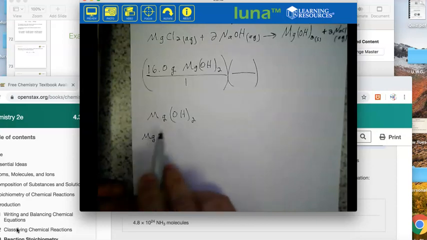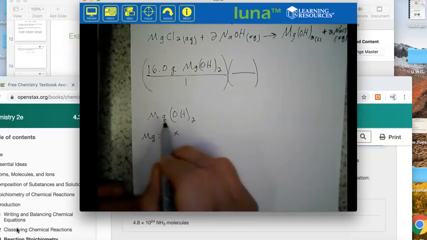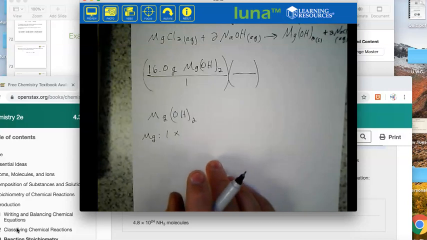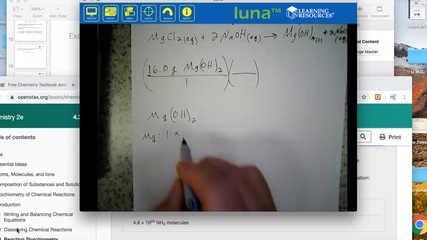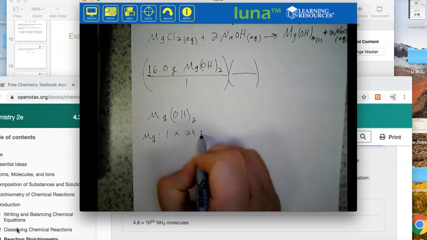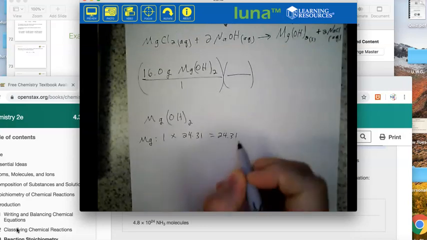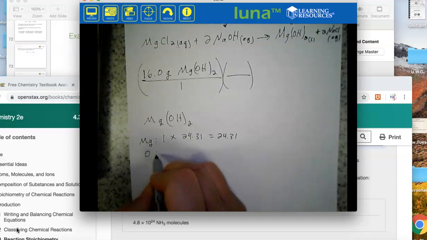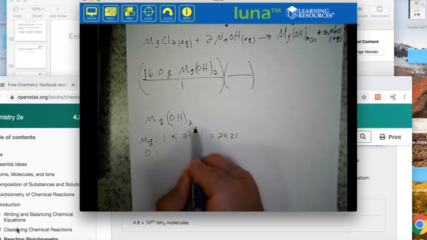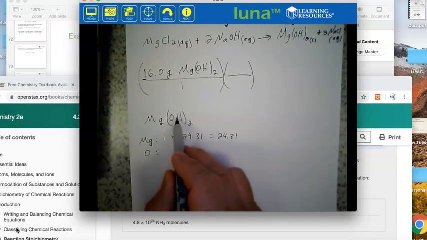Remember, it's number of atoms times its average atomic mass, or in this case it will be molar mass. So for magnesium, that's 24.31. And then for oxygen, there's 2 there. Remember, you have to distribute that 2 to both elements within the parentheses there.